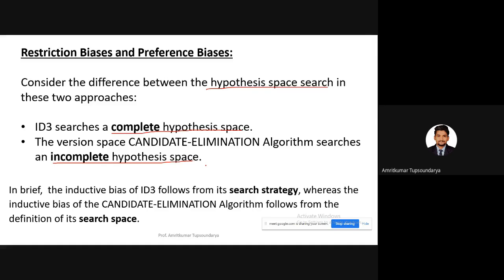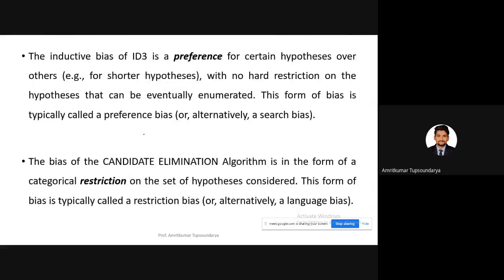Now, to give you a better idea, how can we say that ID3 makes use of the search strategy and candidate elimination makes use of the search space? What is the difference between the inductive bias of these two algorithms?